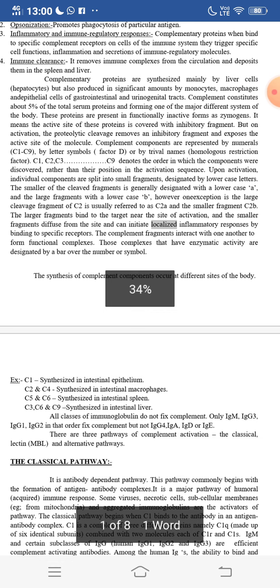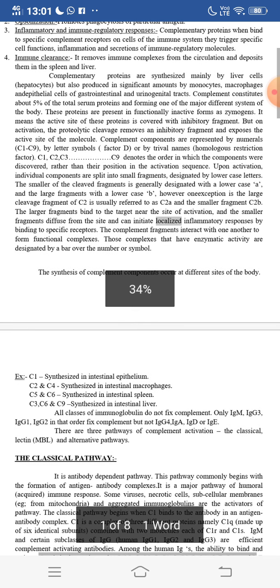The complement fragments interact with one another to form functional complexes. Those complexes that have enzymatic activity are designated by a bar. The fragments interact with one another to form functional complexes, and then they get activated.